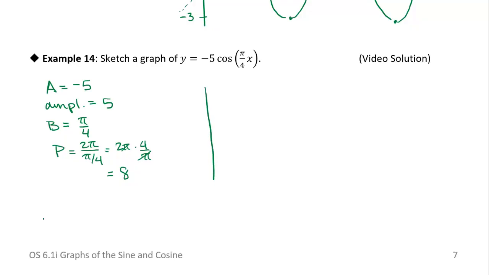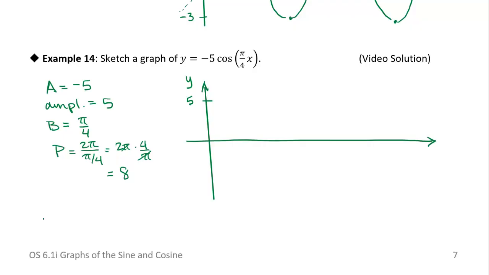All right, so I'm going to draw a y-axis, and I'm going to draw an x-axis, and all right, so this is y. Now the amplitude is 5, so I'm just going to mark out 5, and I'm trying to make it roughly the same distance, -5 in the opposite direction.